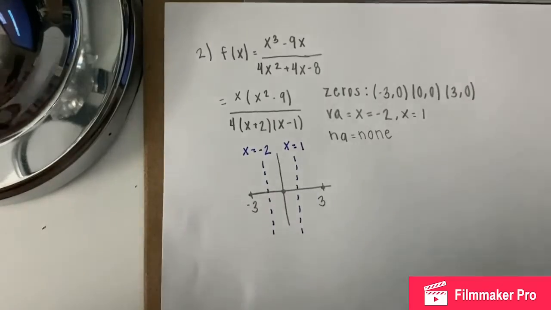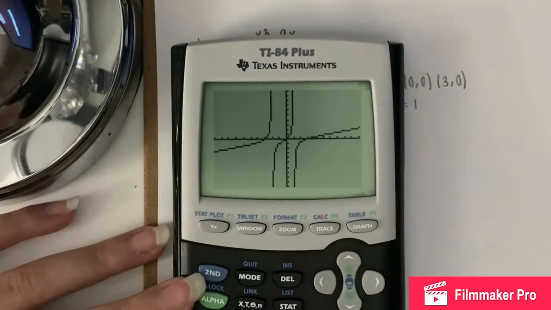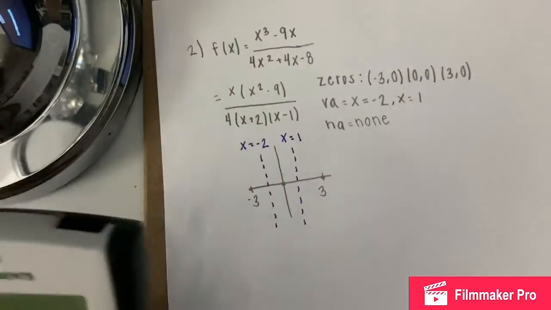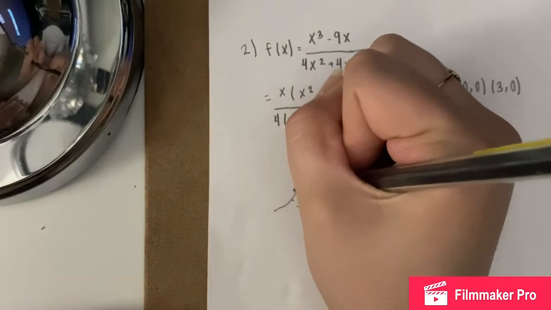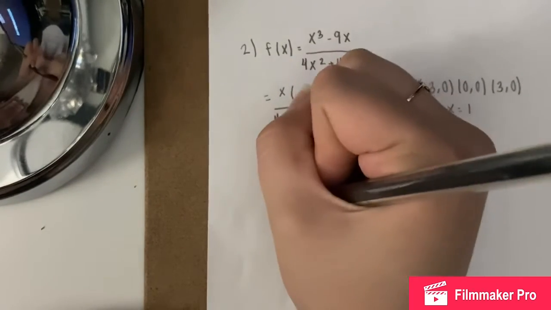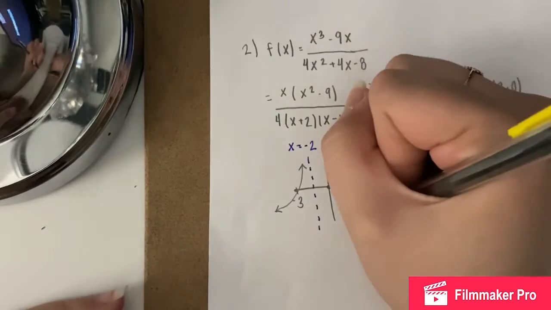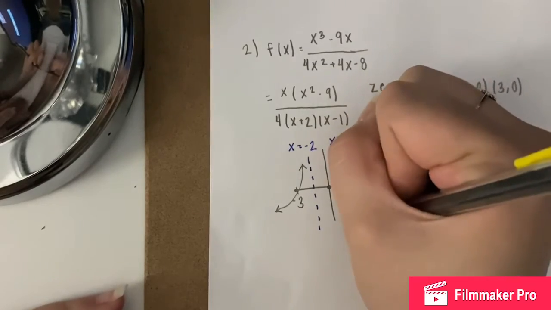So now when we put it into a calculator, which I've already done, and we graph it, we can see that our graph is supposed to look something like that. So our first point is going to go through the -3. And then it's going to go around here, up that way.